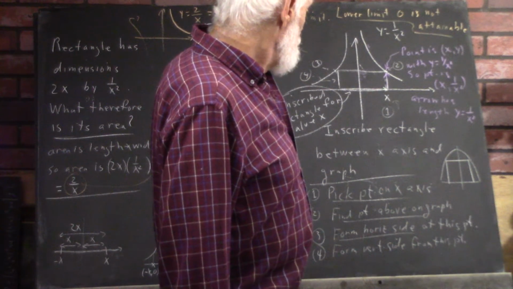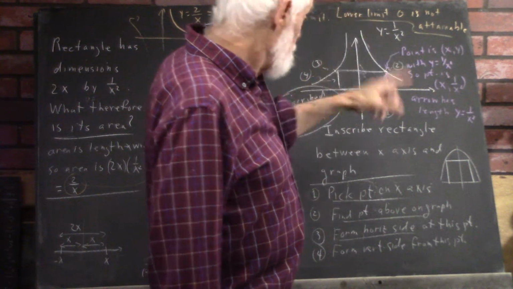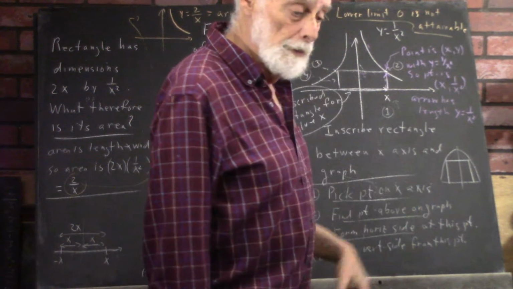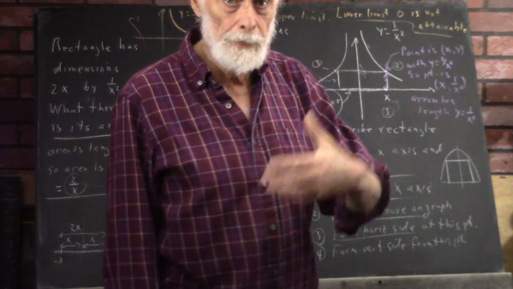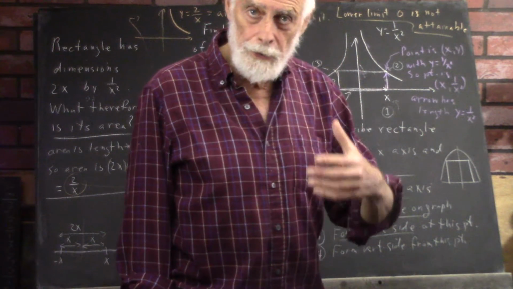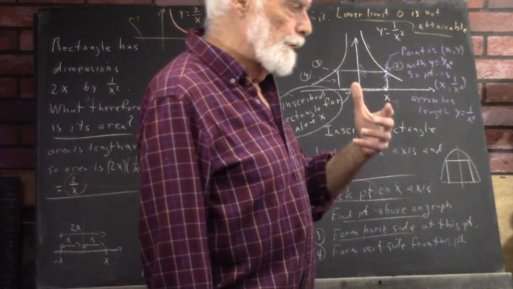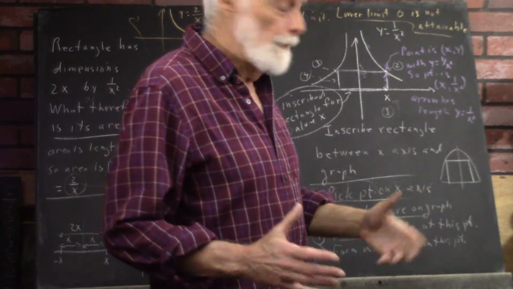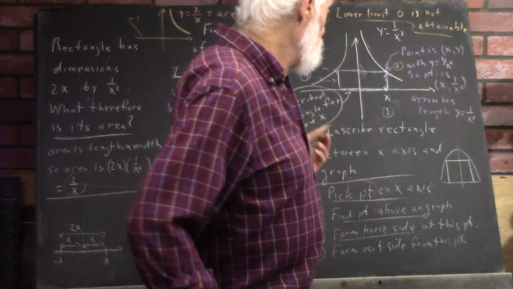Here is your inscribed rectangle, but let's construct it step by step so we understand how it was constructed, and then by analogy be able to construct it for the given parabola in the homework problem.